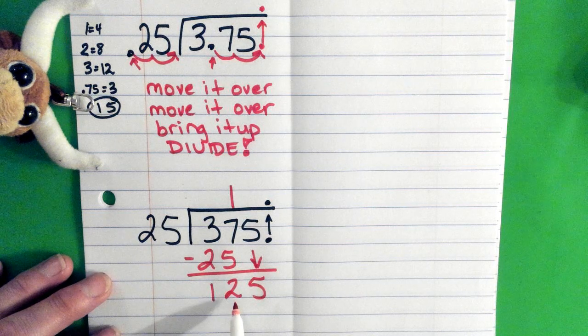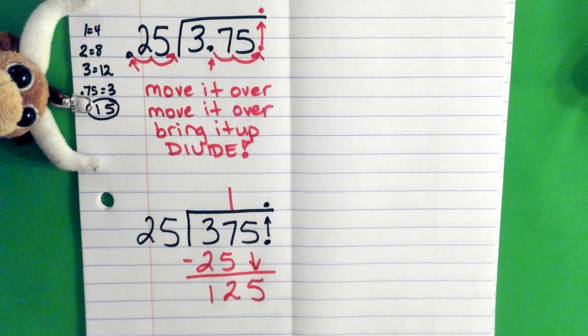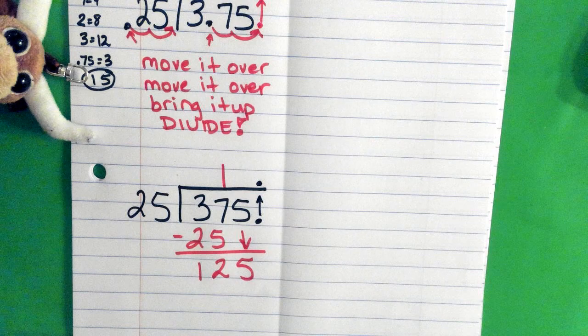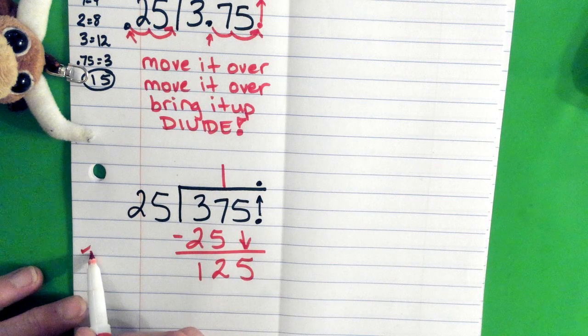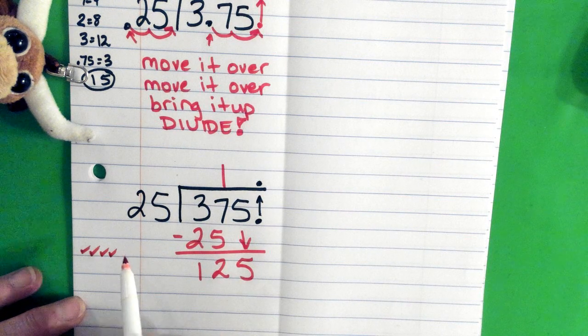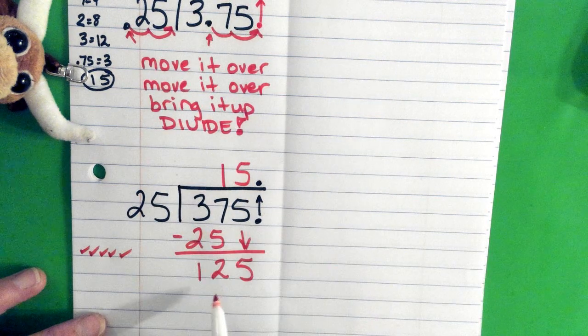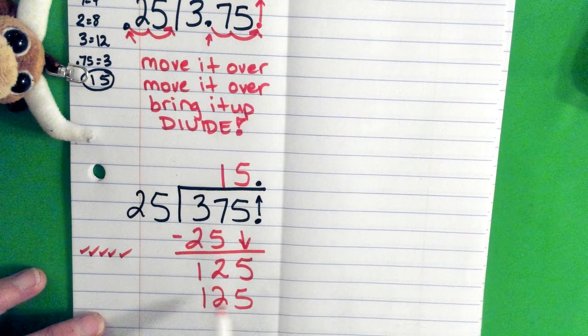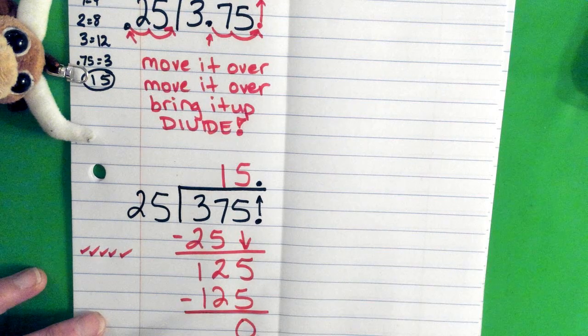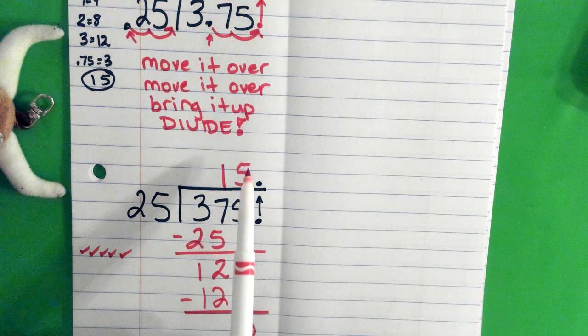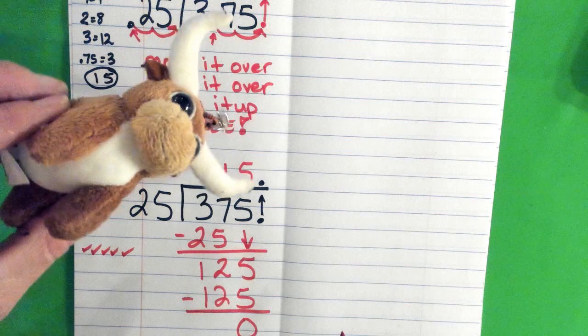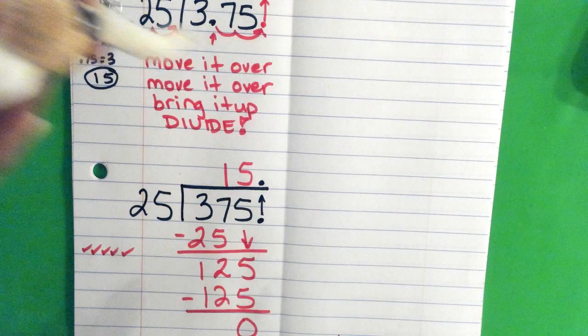How many 25s go into 125? Well, let's count them. 25, 50, 75, 100, 125. That would be 5 25s. Make 125, and we don't have any remainders, and our answer matched our common sense answer by moving it over.